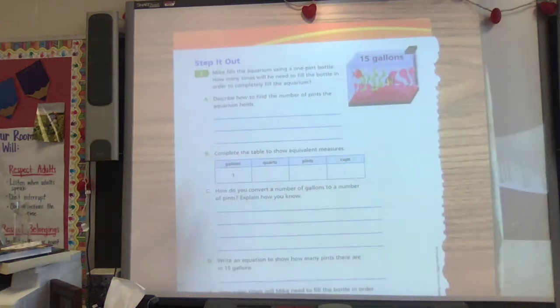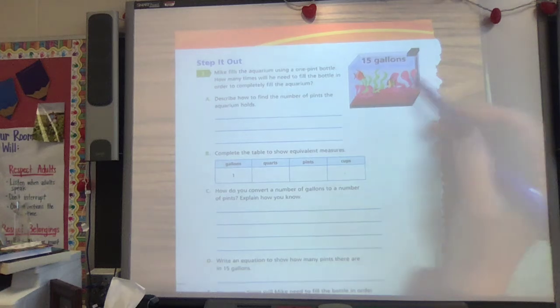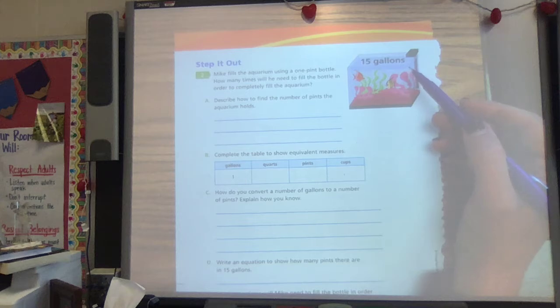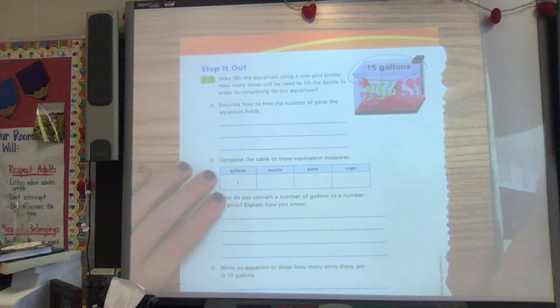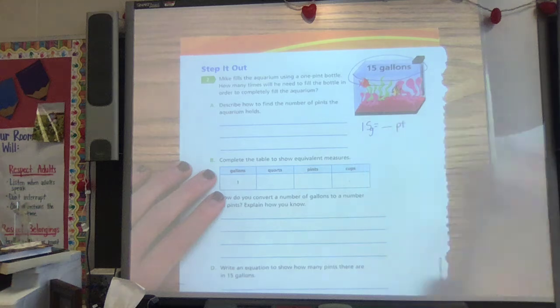Mike fills the aquarium using a 1 pint bottle. How many times will he fill that bottle to completely fill the aquarium? If y'all have been here at school with me, you know I'm doing that all the time with our aquarium here in class. Describe how to find the number of pints. All right, so we are talking about gallons right now. So what we're doing is changing gallons into pints.